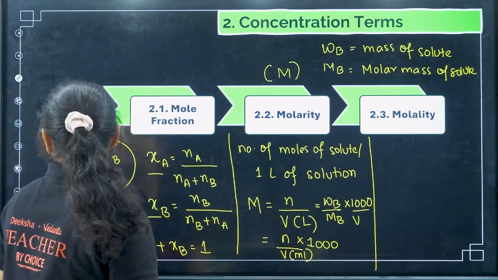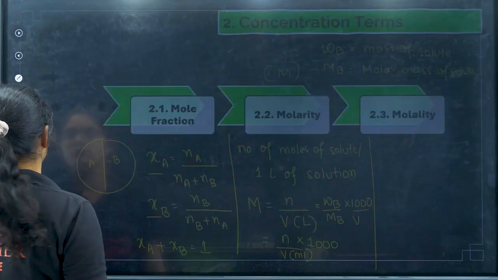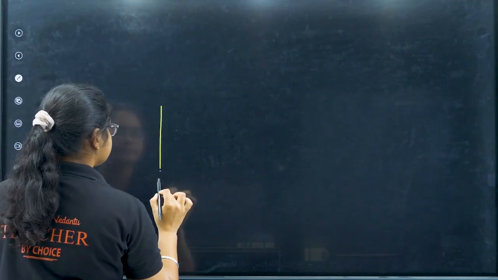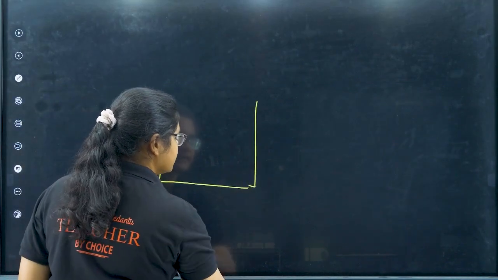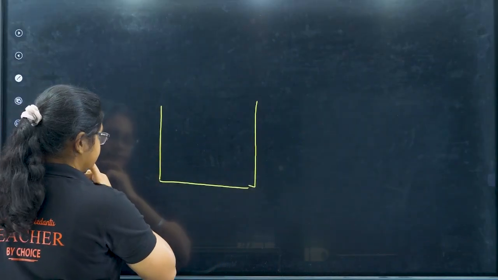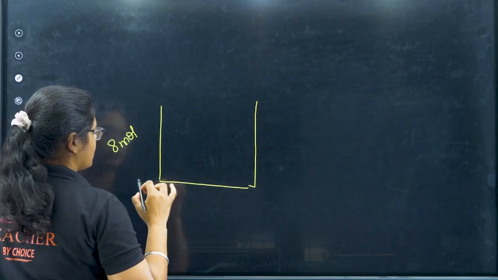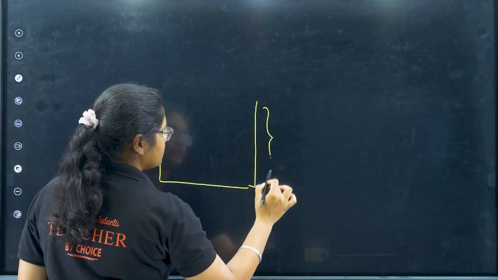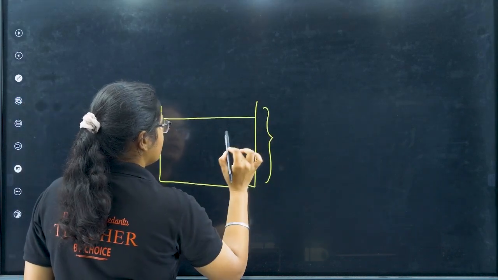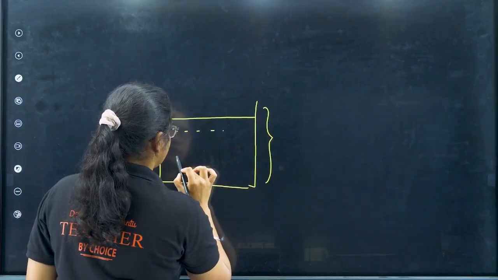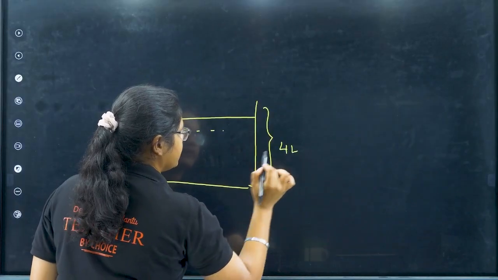Now let me explain it in much more detail. Suppose, what is this molarity? Let's understand. Suppose I have 8 moles of any solute, and this is contained in a solvent, and this volume is 4 liter.